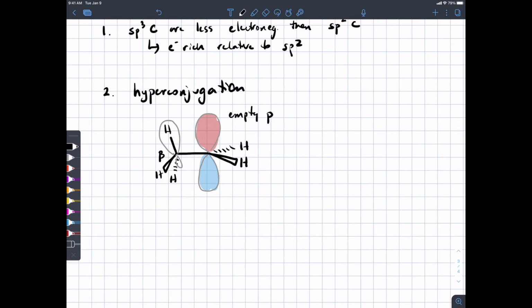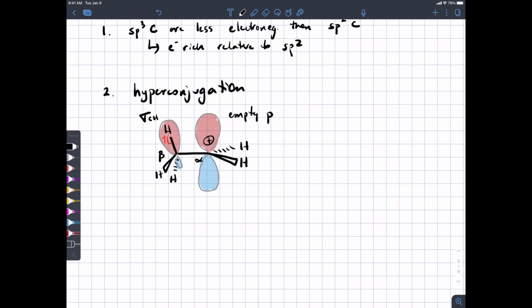We'll call the carbon with the positive charge the alpha carbon. And you've got a filled sigma bonding orbital here, and it is adjacent to and lined up with the empty p orbital.